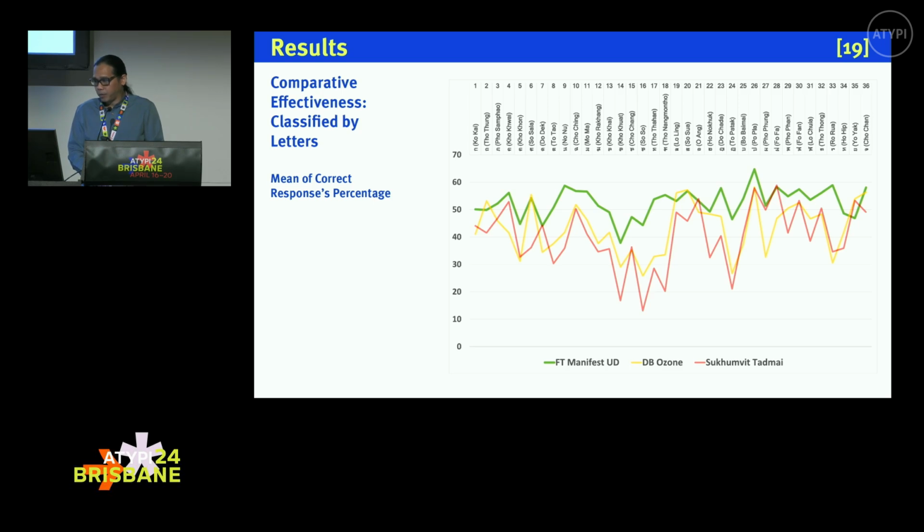And the red line is the result of Sukhumvit Tadmai font. The results show that most of the effectiveness of FT Manifest UD is higher than the two Roman light typefaces.